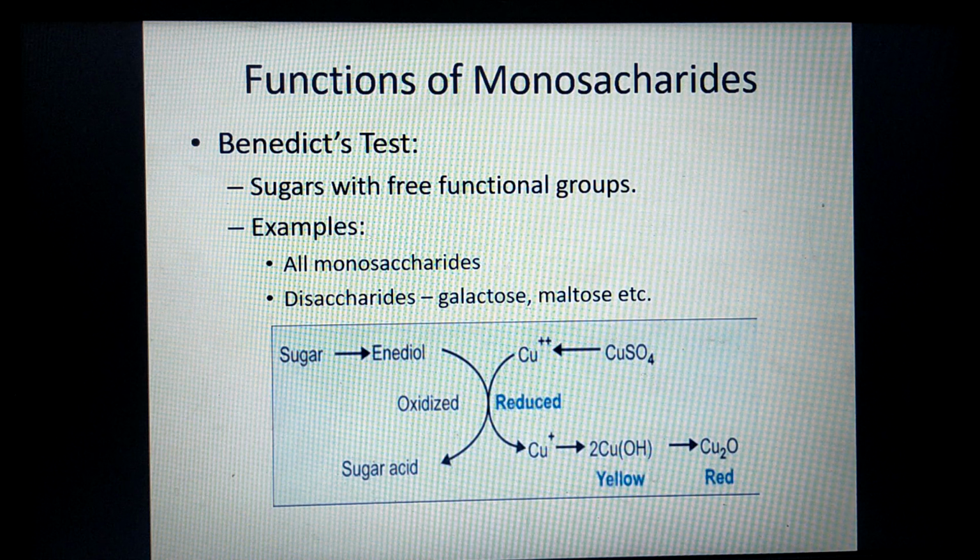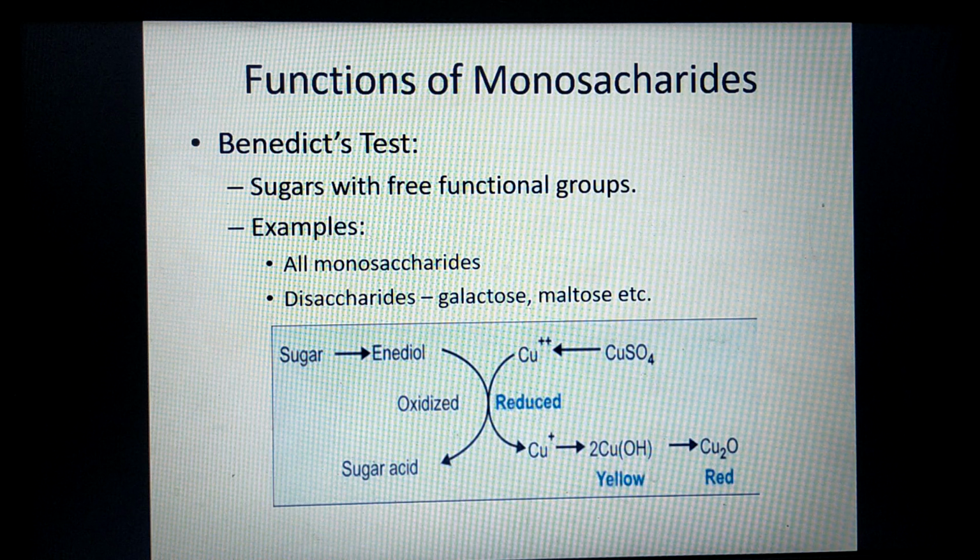In the Benedict's reagent, the cupric ions are present. Therefore, the color of Benedict's reagent is initially blue. When you add sugar to the Benedict's reagent, this sugar donates the electron to the cupric ion and converts the cupric ion into cuprous ion.